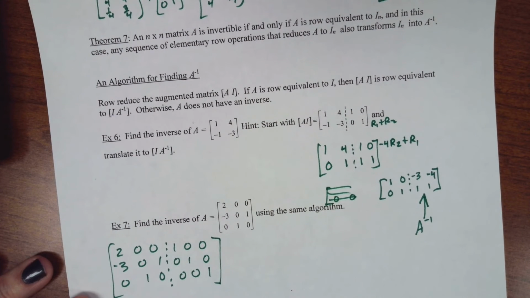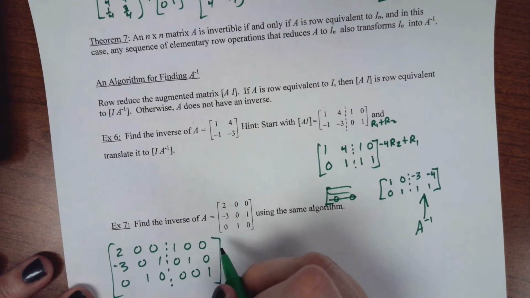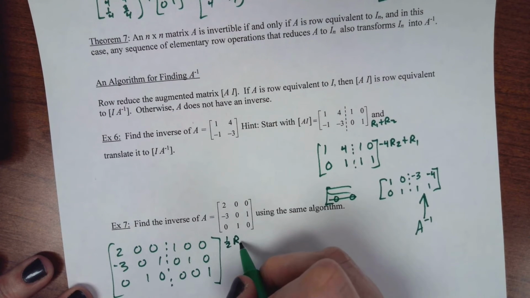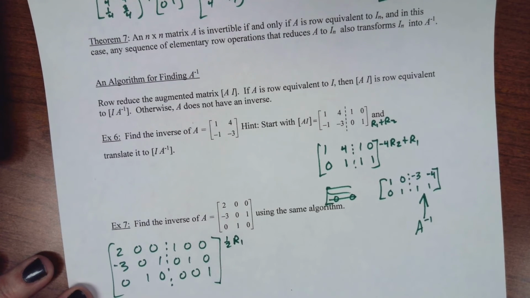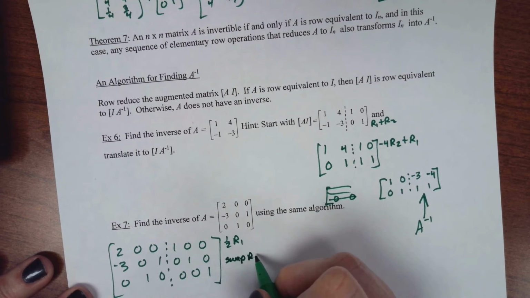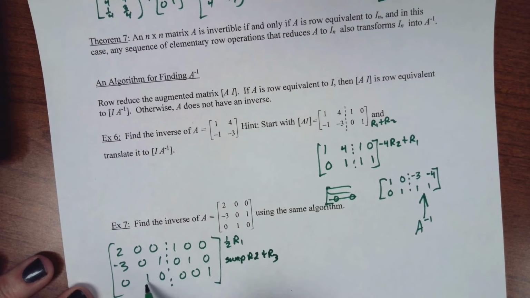All right, so I think I'm going to do 1/2 row 1 to get rid of that 2 right there. And I am also going to swap row 2 and row 3, because you see how this is a good second row for my identity matrix. All right, so remember, we're trying to turn this into the identity matrix.